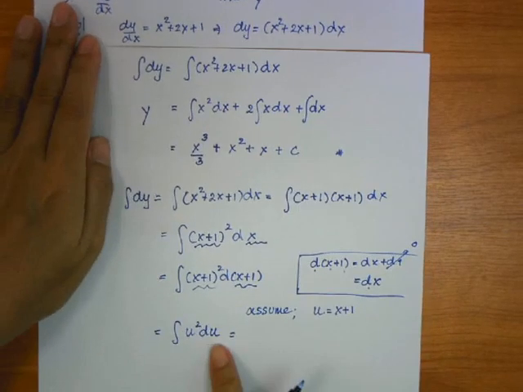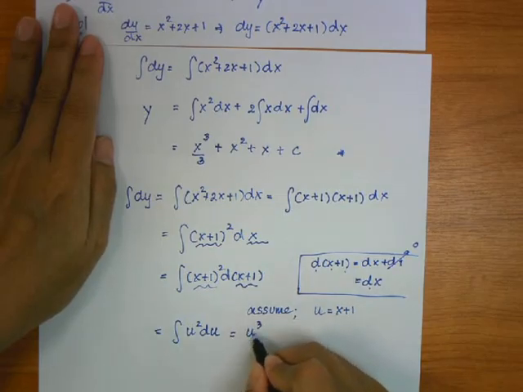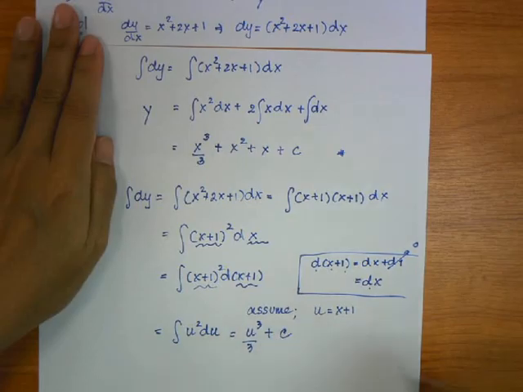Integral u squared du is equal to u to the power 3 by 3. And then your u is equal to x plus 1.